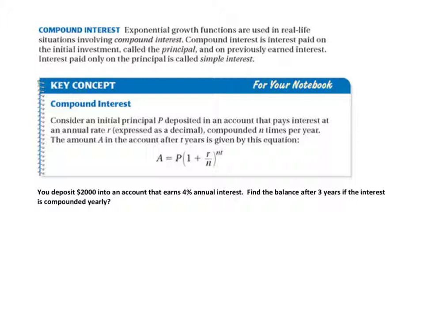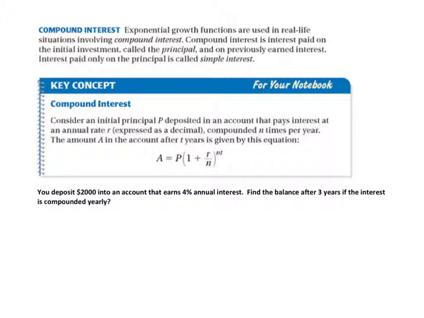Okay? It said consider an initial principal P deposited in an account at an annual rate. Annual means yearly. Compounded n times per year. The amount A in the account after t years is given by this equation.